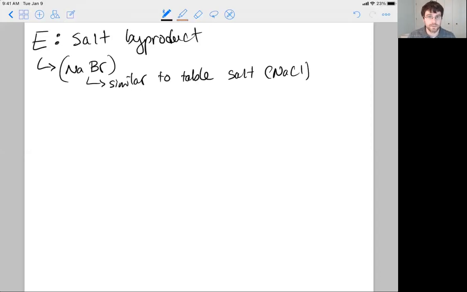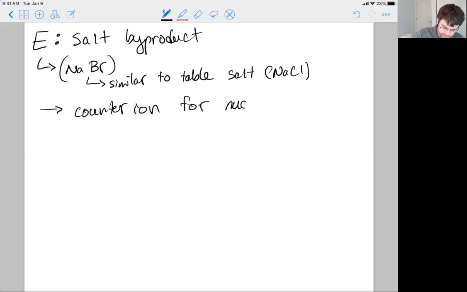But this is the combination of the counterion for our nucleophile and the leaving group, really the halogen leaving group.